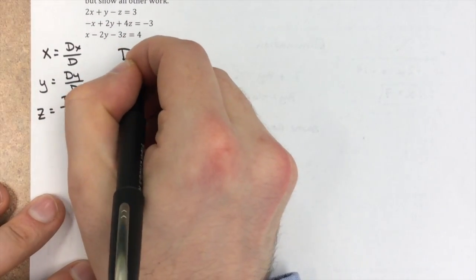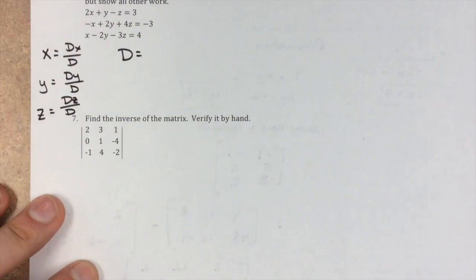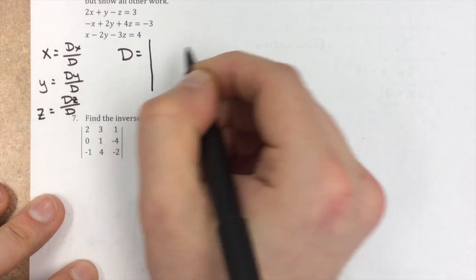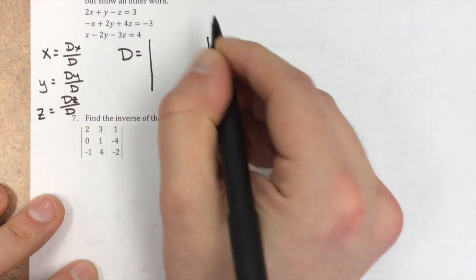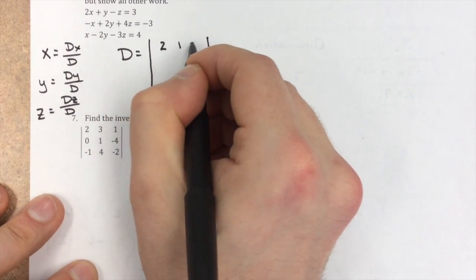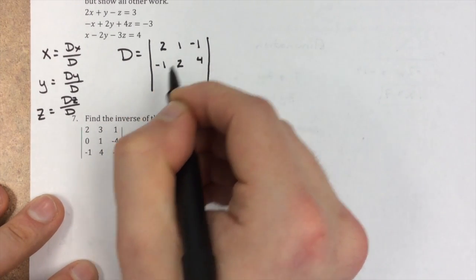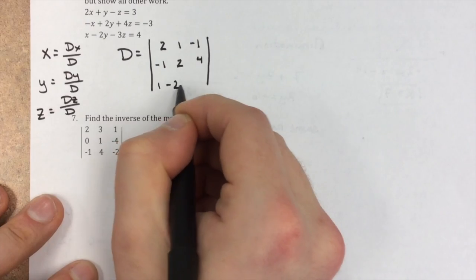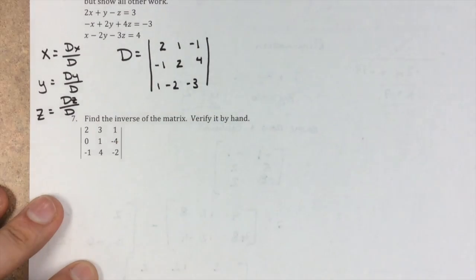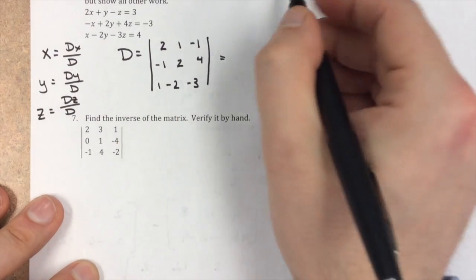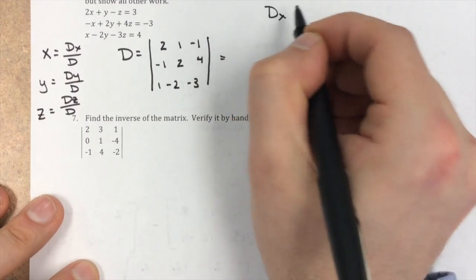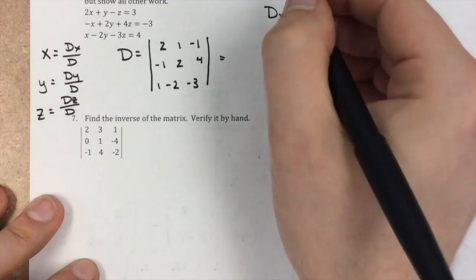So our d determinant is just the coefficients of our variables, which would be 2, 1, -1, -1, 2, 4, and 1, -2, -3.